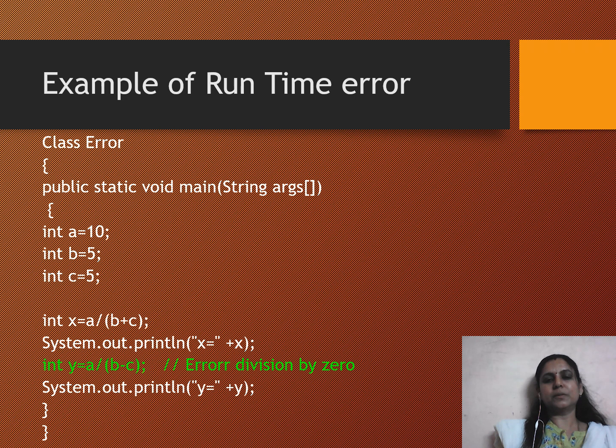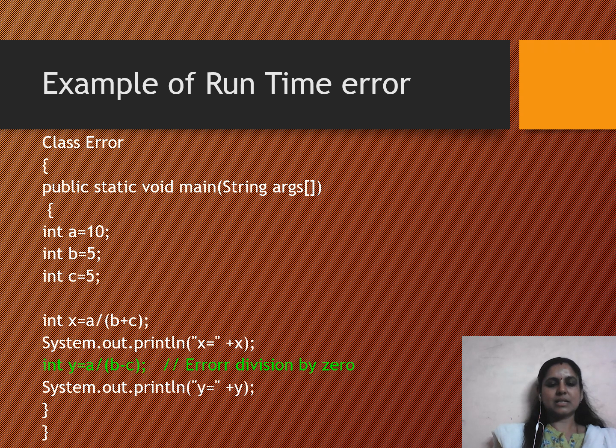Here I have shown a runtime error example. There are three variables we have declared here: a, b, c. a contains 10, b contains 5 and c contains 5. Here we have used x equal to a divided by b plus c, which produced a result.